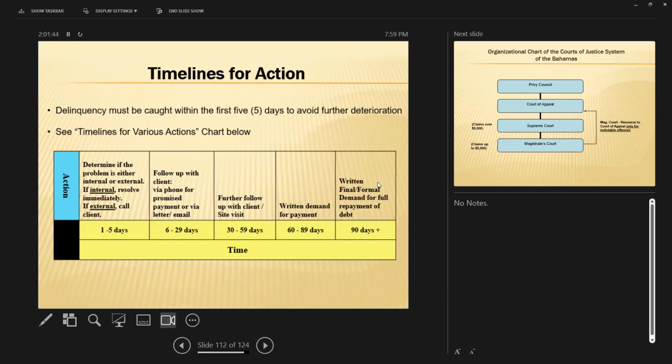For 60 to 89 days, you want to have a written demand for payment if no solid promises are materializing. And definitely at 90 days and over, you want to have a final formal demand for full repayment of the debt. Any questions on that? Okay, let's go to the next page.